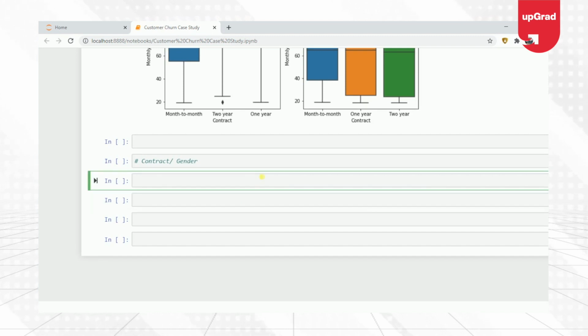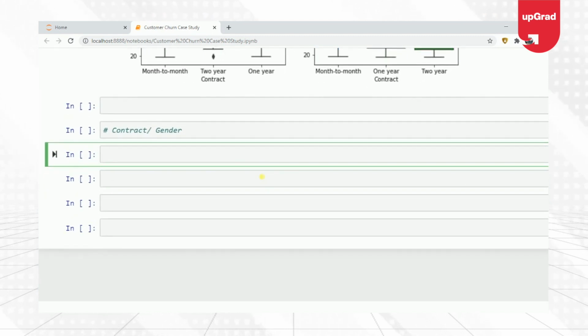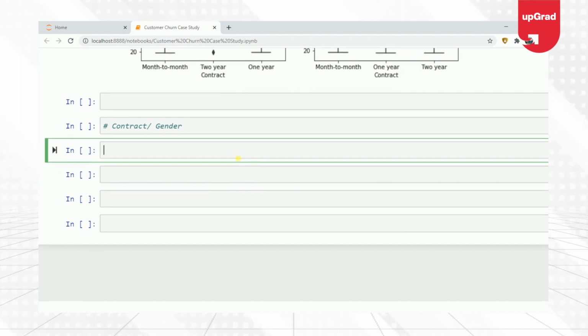In order to gain the insights from this bivariate analysis, we're going to plot a count plot here. So let us start writing the code.